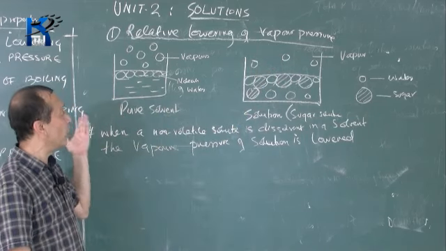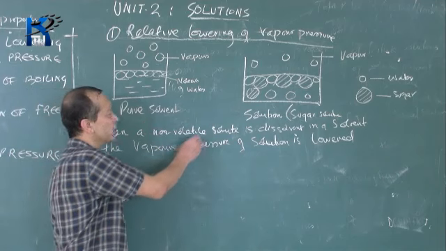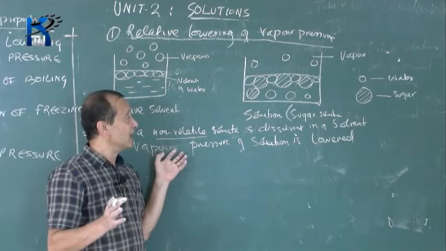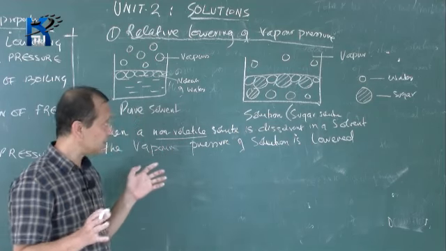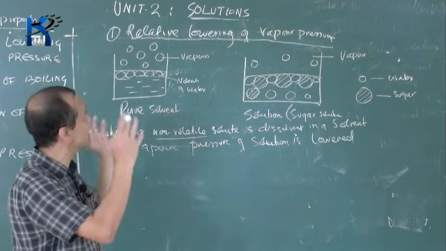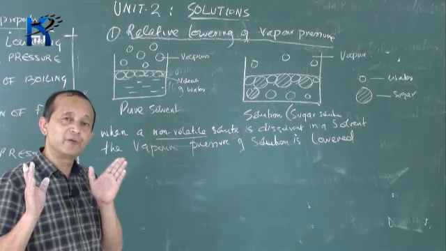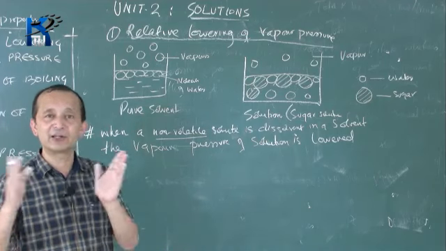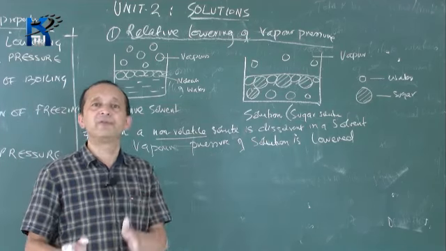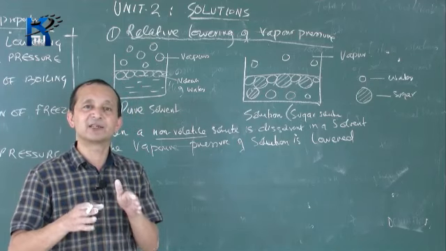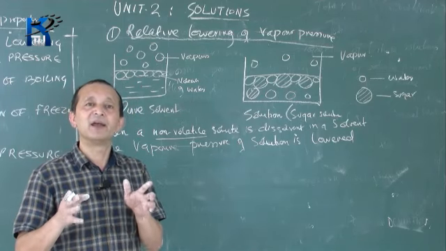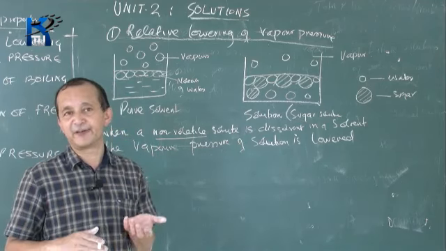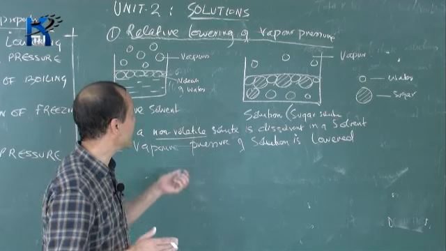So we say that when a non-volatile solute, we are using the term non-volatile. Here I would like to mention one thing: in the solutions that you studied prior to these colligative properties, you studied about liquid mixtures, A and B. A is also liquid, B is also liquid. Liquids are supposed to be volatile. That means liquids are supposed to give vapors on top of their surface. But here we are talking about non-volatile.